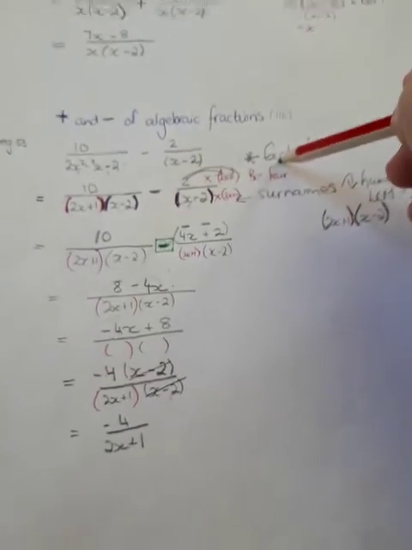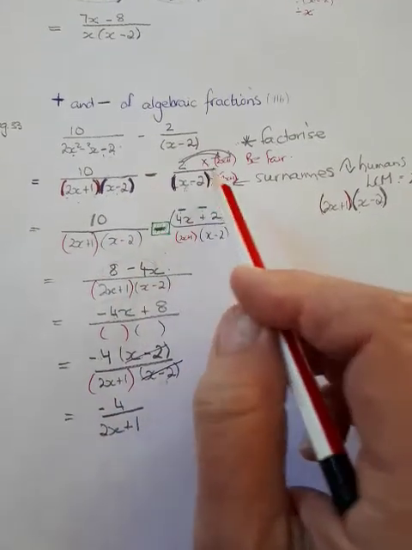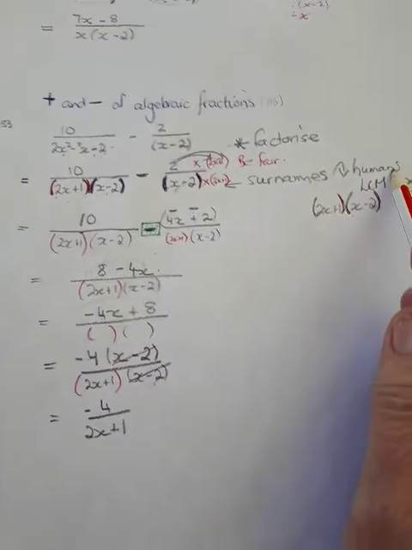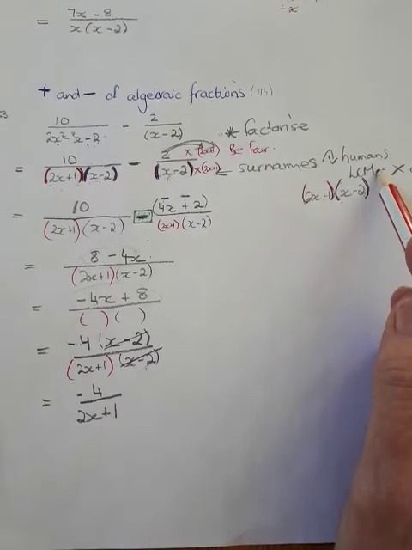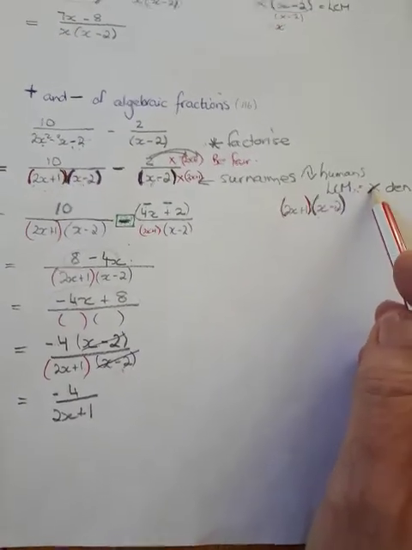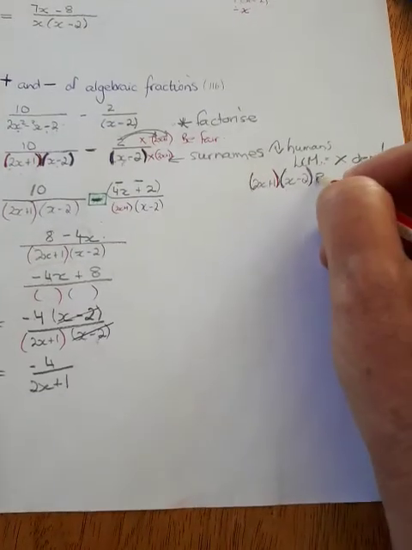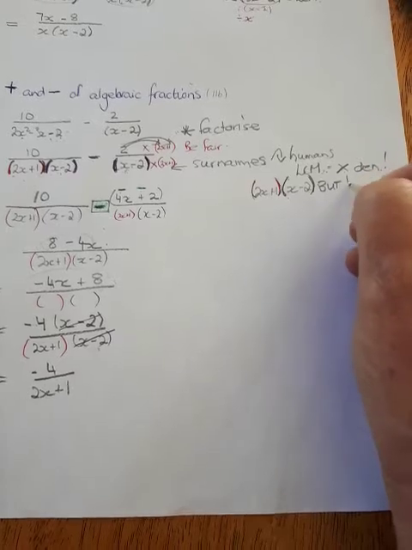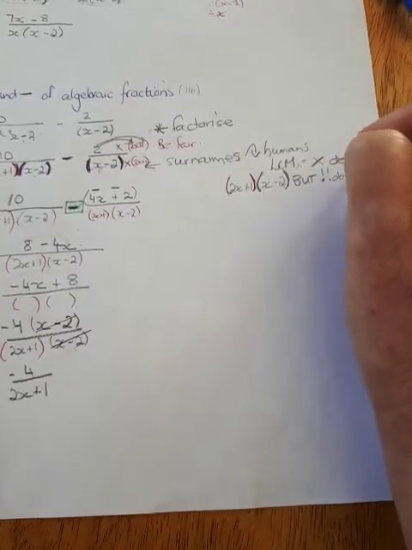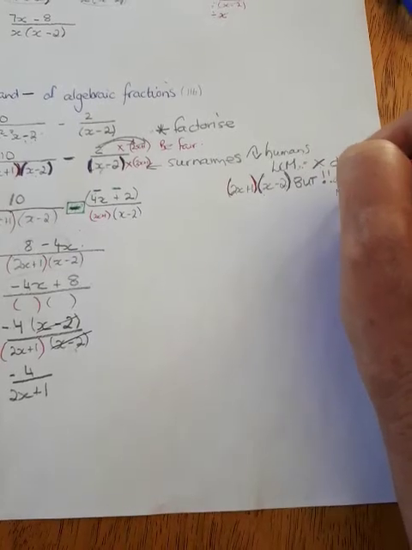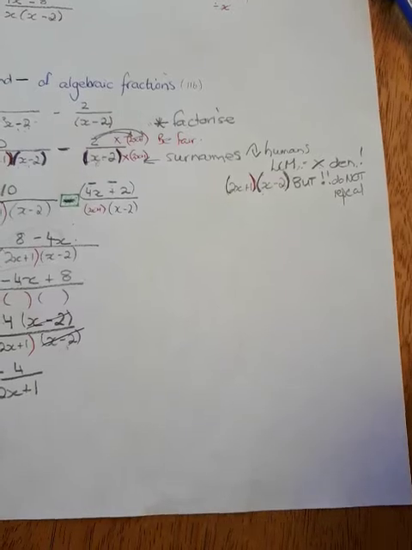We must factorize our denominators to make them surnames. Then we change our surnames to humans, which is the lowest common multiple. We find the lowest common multiple by simply multiplying the denominators, but important, we do not repeat any part of our denominators.